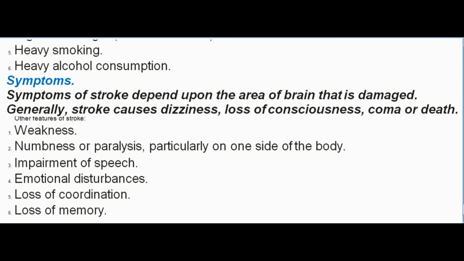Symptoms of stroke depend upon the area of brain that is damaged. Generally, stroke causes dizziness, loss of consciousness, coma, or death. Other features of stroke: weakness, numbness or paralysis, particularly on one side of the body, impairment of speech, emotional disturbances, loss of coordination, loss of memory.